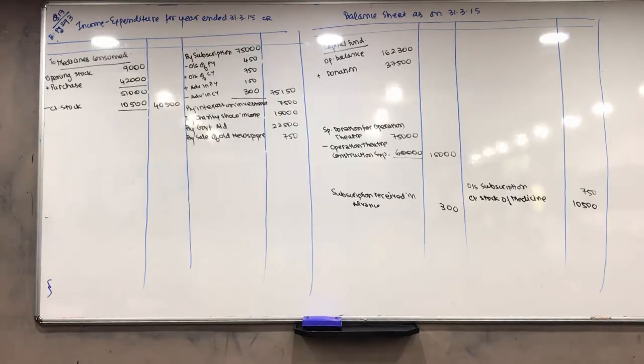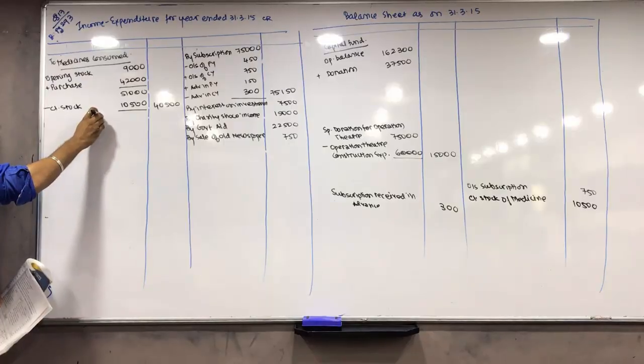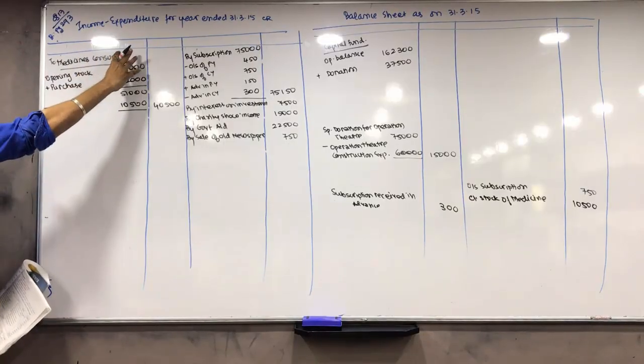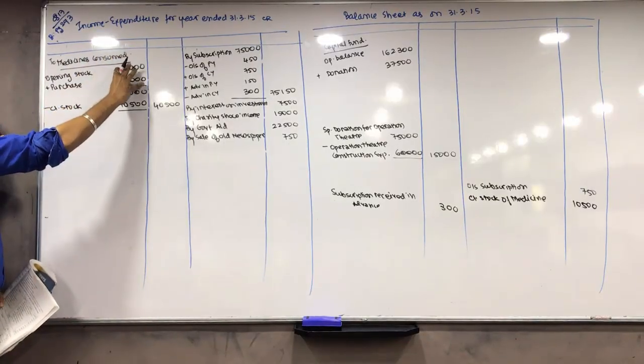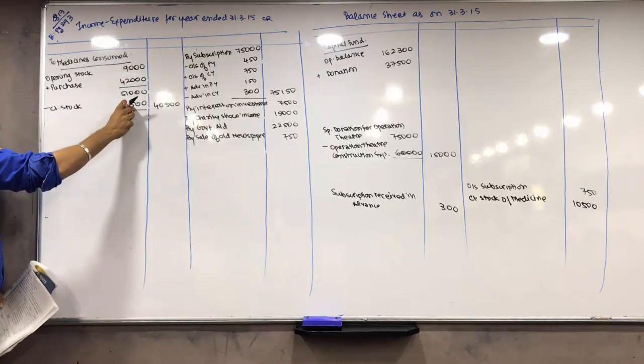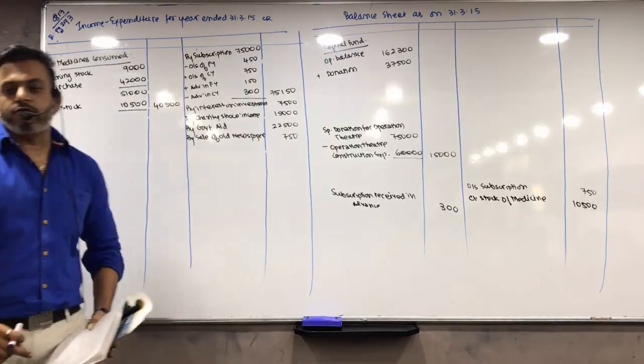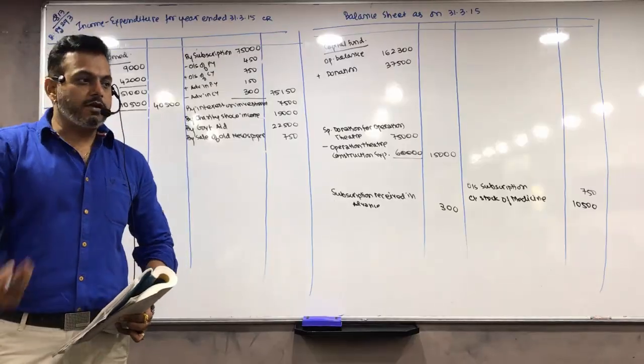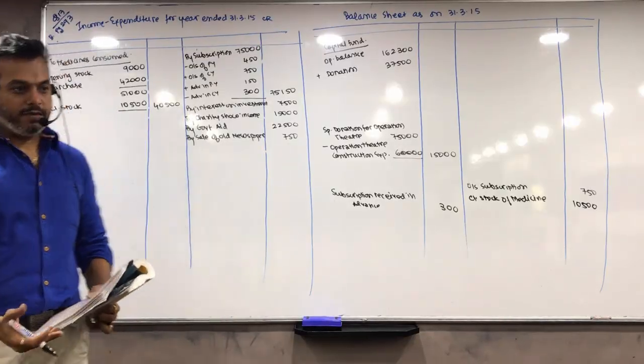Okay. All of you understood this medicines consumed? In the beginning of the year, I had medicine that I purchased so much. I am left with only 10,500. So 40,500 is what I have consumed. So whatever we consumed is our expense.